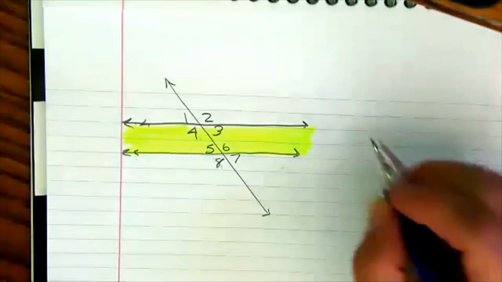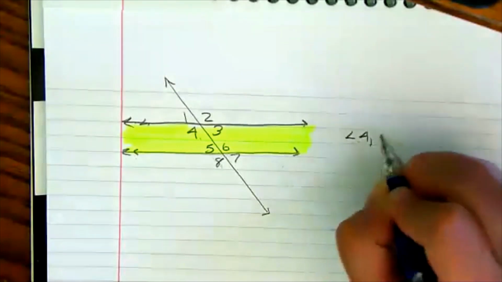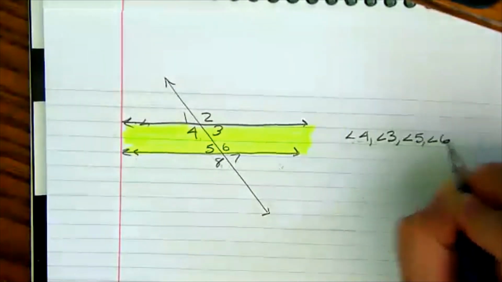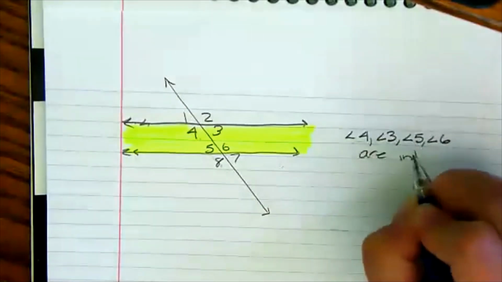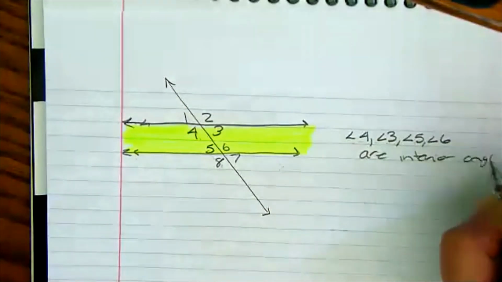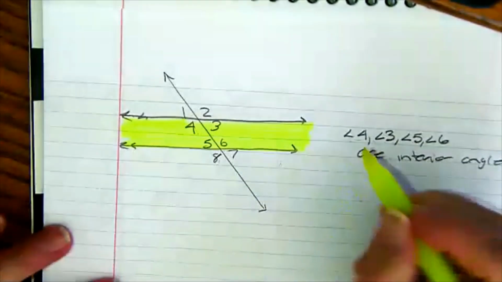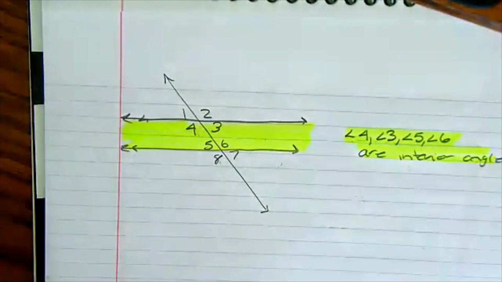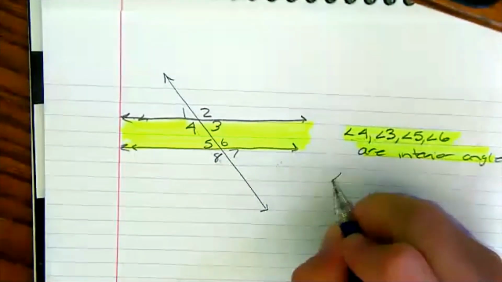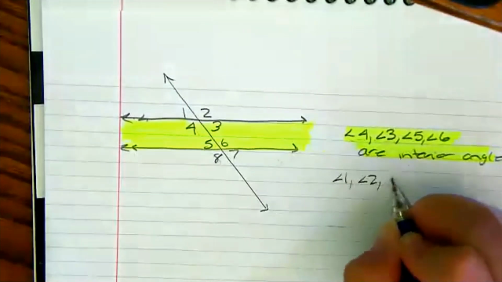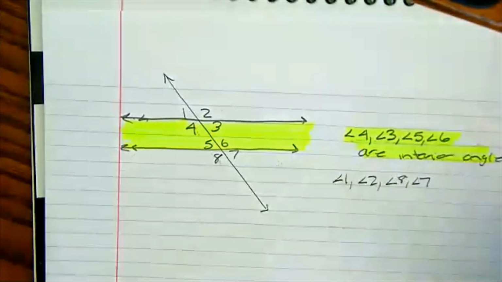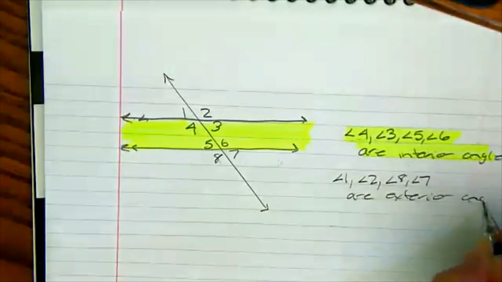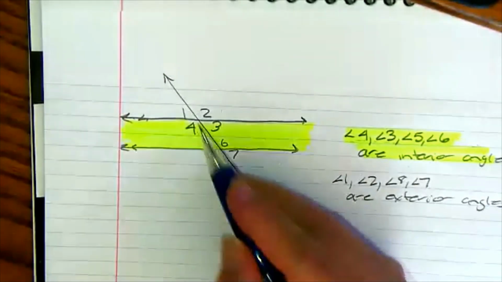So angles 4, 3, 5, and 6 are interior angles. They're the ones that are in the river between the parallel lines. Angles 1, 2, 8, and 7 are exterior angles. They're on the outside, they're on the shore.